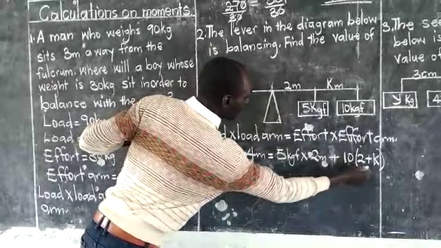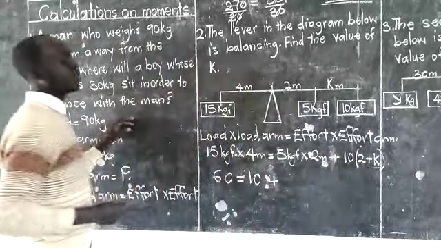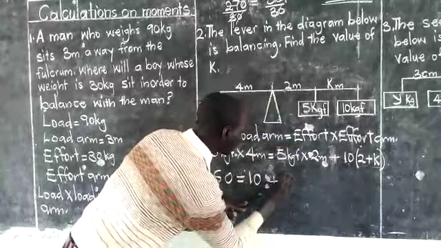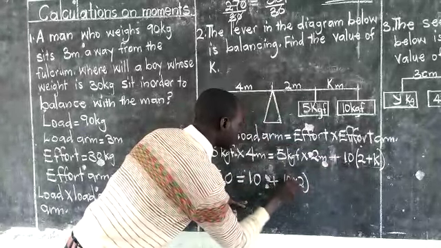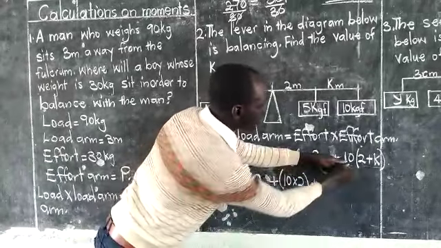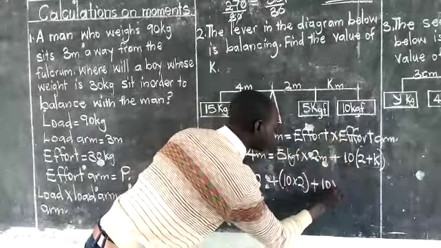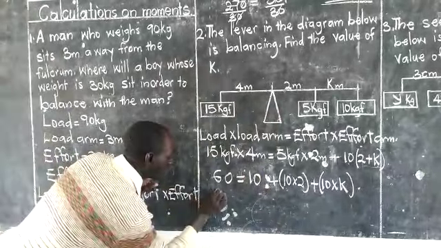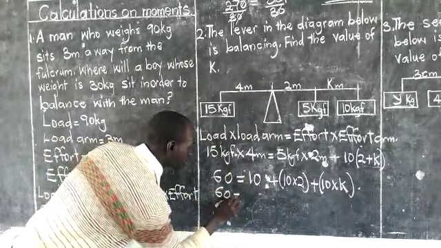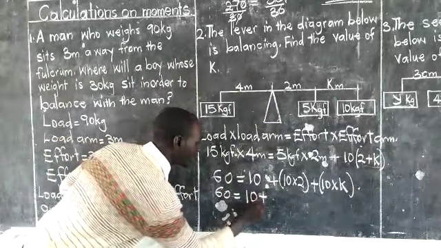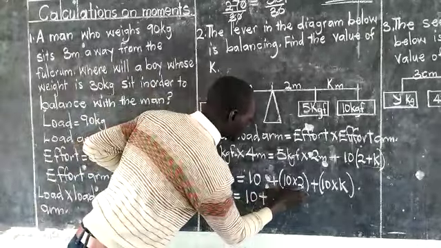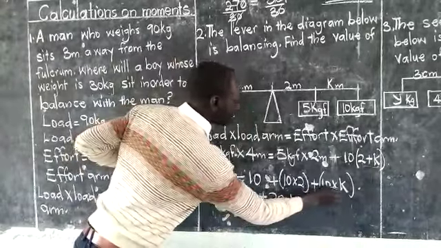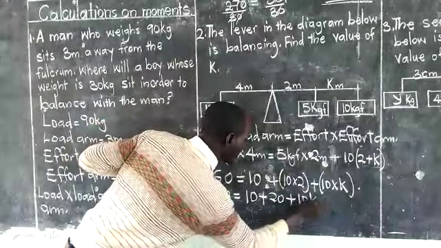So 10 is to be multiplied by those figures in the brackets. Then here you will say this 10 multiplied by 2, 10 by 2 plus this 10 by k, 10 by k. Therefore, you still say 60 should equal 10 plus 10 times 2 gives you 20, plus 10 times k gives you 10k.